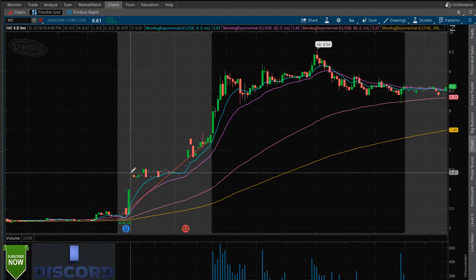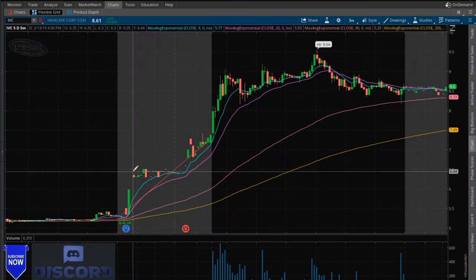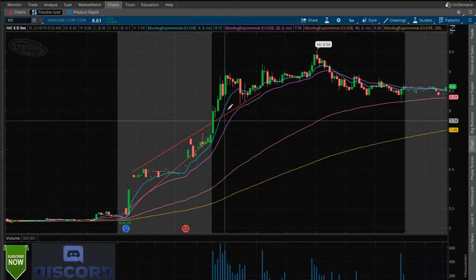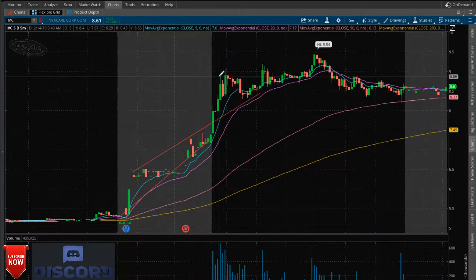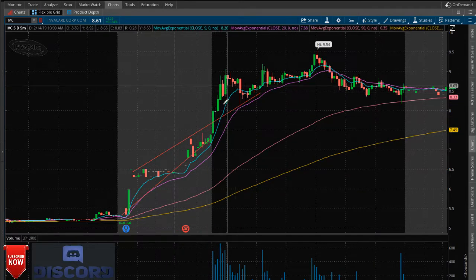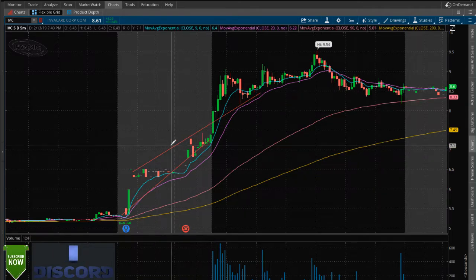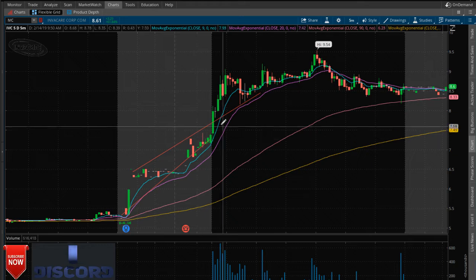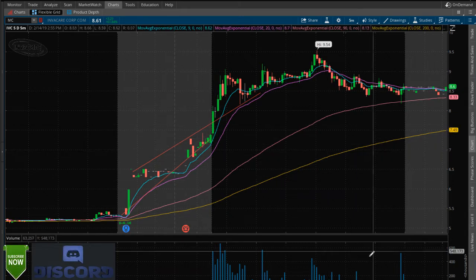If we would have drawn our trends, we know that the trend is your friend, so we have an upward trend. The break of the trend would be at 7.74 to push up, but this one would have been a good candidate for our gap and go. So we wouldn't have really traded this one for the trend setup here. It would have been a gap and go.